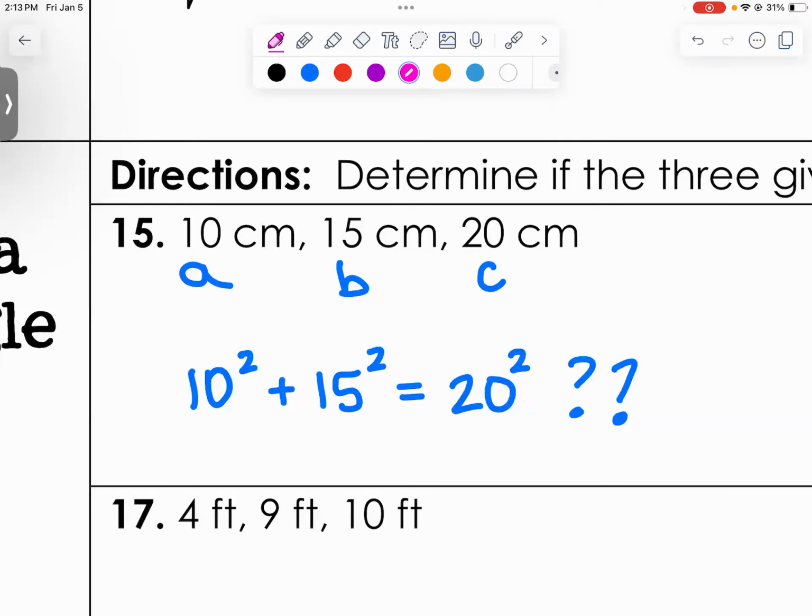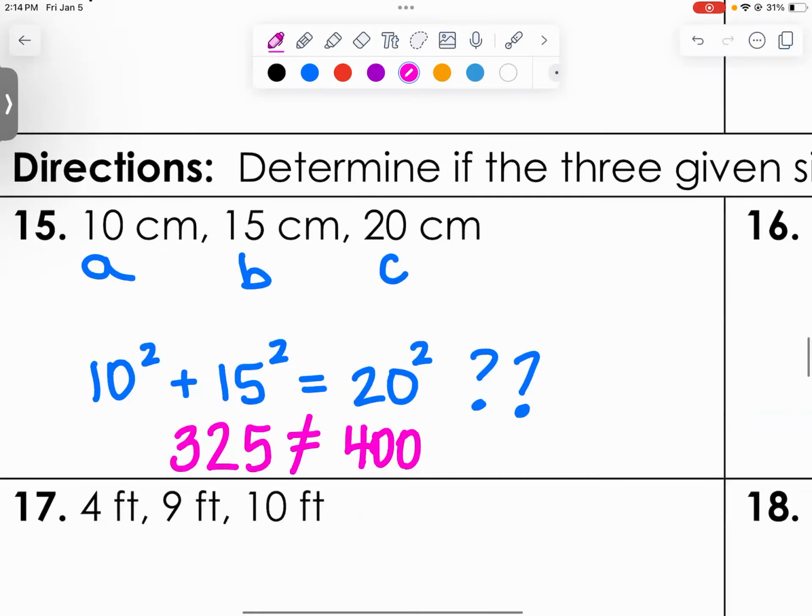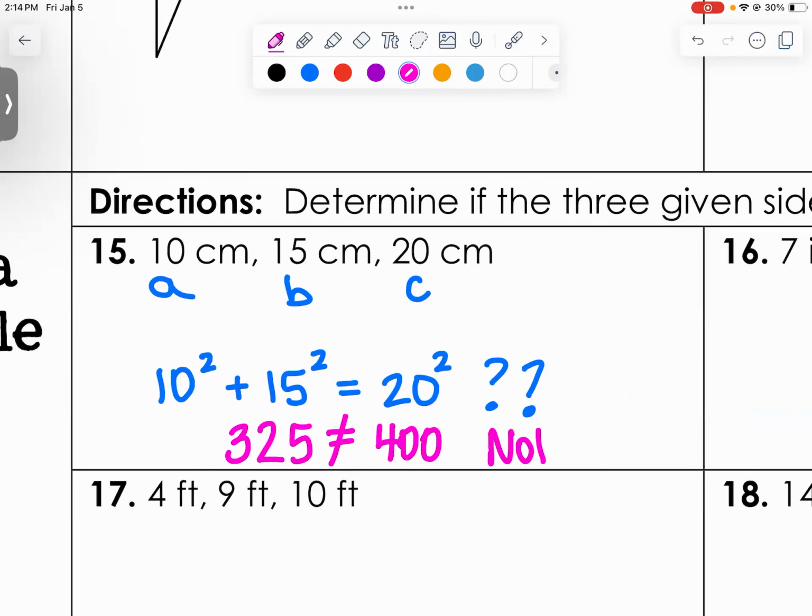It's 325. Do you agree with Kyron? It's 325 on this side? 100 plus 225? Okay. What's 20 squared? Ian, are those two equal? Not a right triangle because the Pythagorean theorem doesn't work.